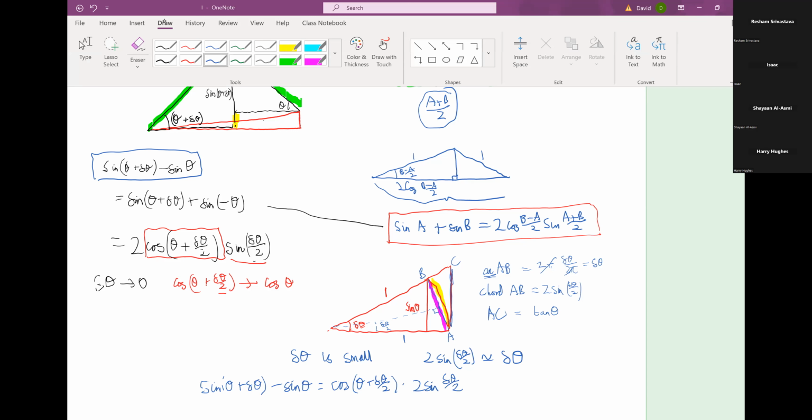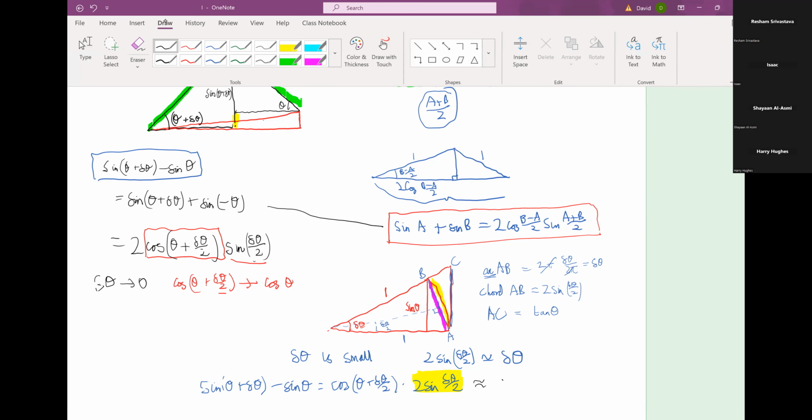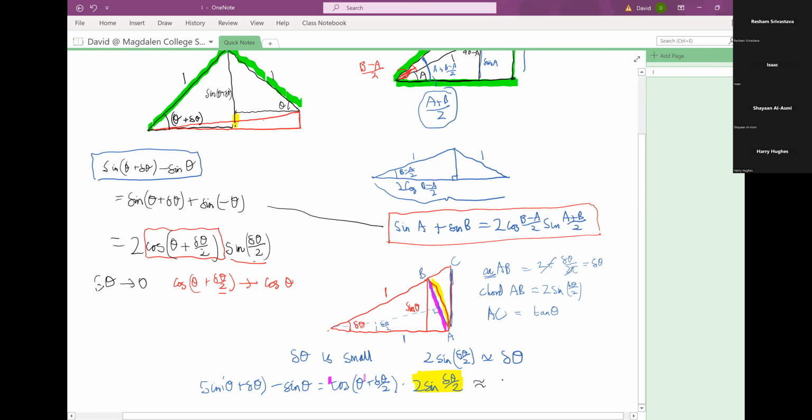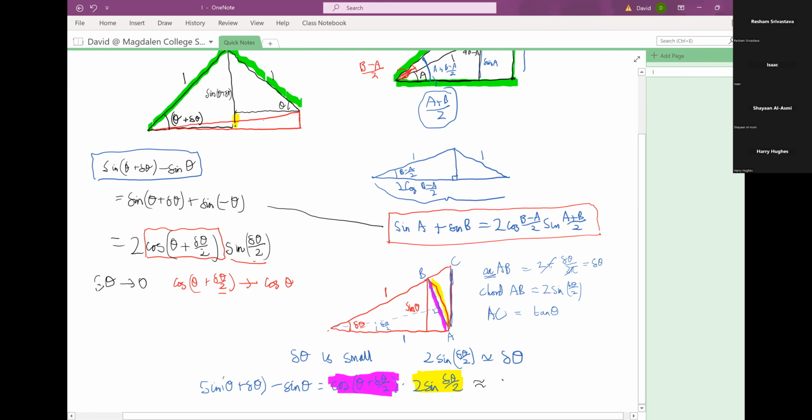But what I've just said is 2 sine delta theta over 2, to a very good approximation, is delta theta. And also, to a very good approximation, when delta theta is small, this cosine term, the delta theta over 2, just disappears. So I can say, to a very good approximation, this is just cos theta delta theta.